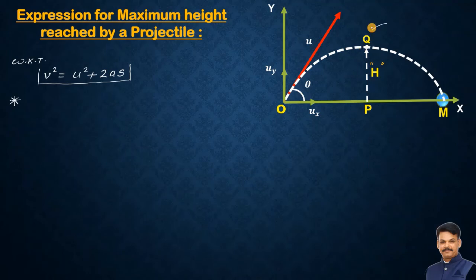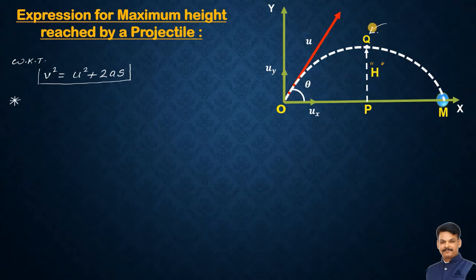So at point Q, what type of velocity is there, what will be the final velocity, what will be the g value, that is acceleration due to gravity. All those things have to be taken.